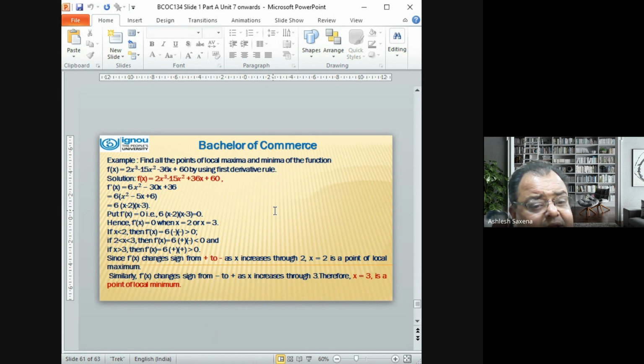Now since f dash x changes sign from plus to minus as I increase through 2, therefore x equal to 2 is the point of local maximum. Similarly, f dash x changes its sign from negative to positive as I increase through 3. In that case, that will be the point of local minimum.